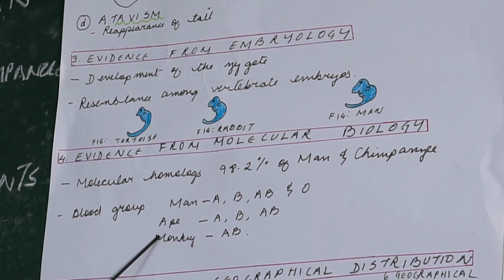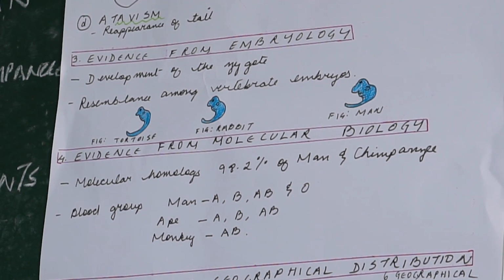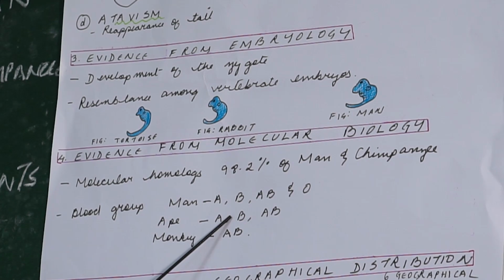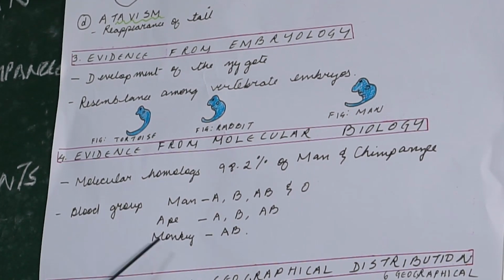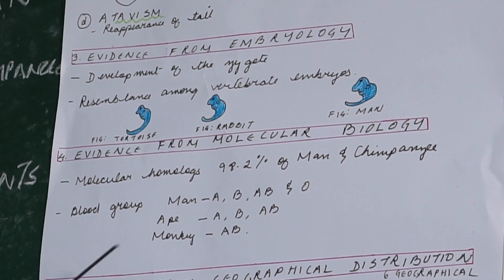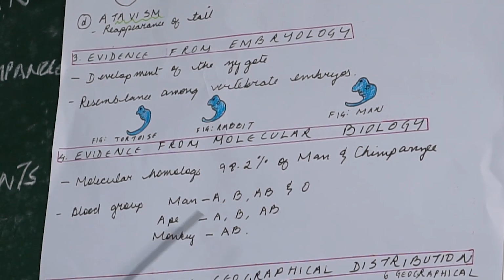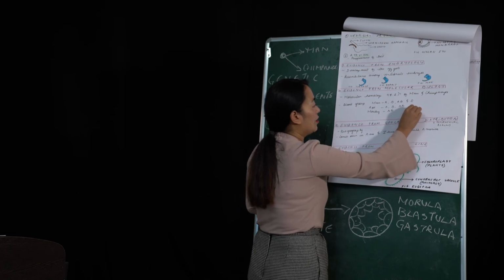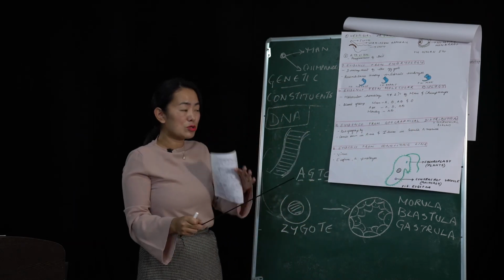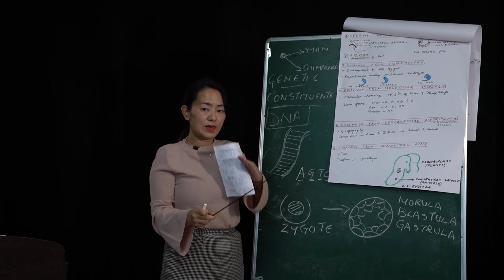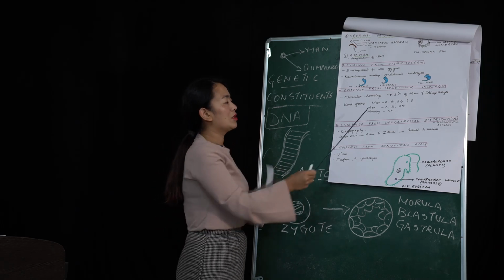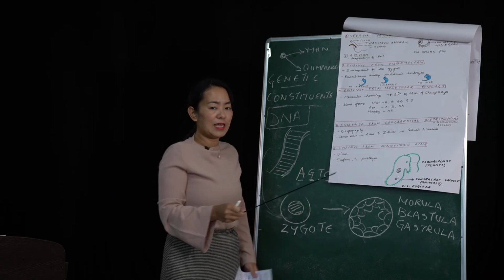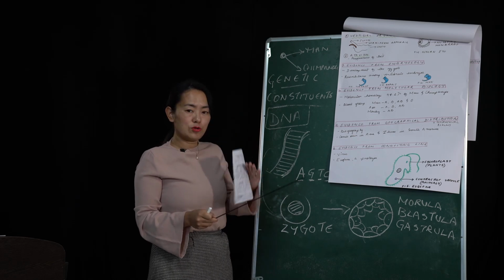In case of ape, the blood group is composed of A, B, and AB. But when they looked at the monkey, the blood group is only composed of AB, which indicated that man and ape are close together and evolved very closely, which shows because of the blood group that evolution took place.